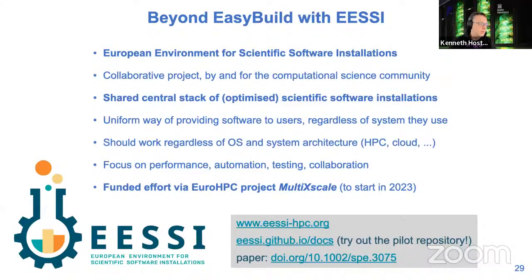Even though it's a project that started in 2020, it's still in the early stages. We have a proof of concept setup, which we call our pilot repository, which is publicly available. So you can get started with playing with that straight away if you follow our documentation. And we have a long, open access paper where we explain these ideas and how we can build this up in detail.